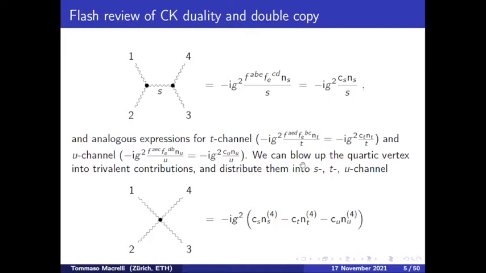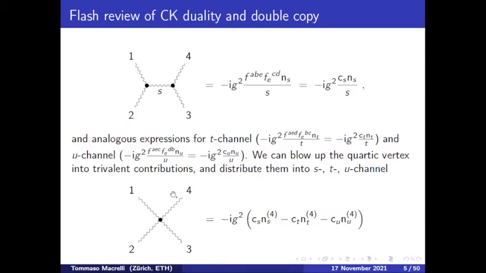Coming to the quartic vertex, we can do the following thing. We can take the quartic vertex and blow up this vertex into trivalent contributions. According to the color structures, we will then split this contribution to the different interaction channels. The aim of this procedure is to rewrite the four-point tree-level scattering amplitude for Yang-Mills as a sum of purely trivalent graphs.